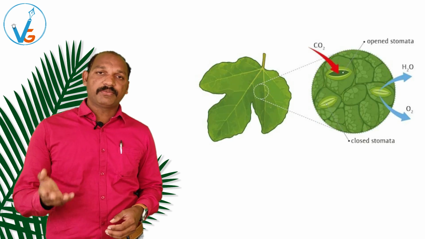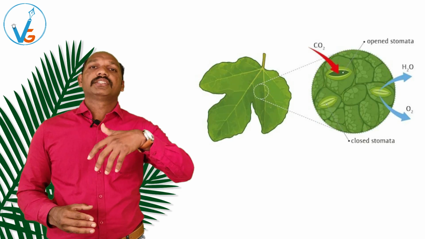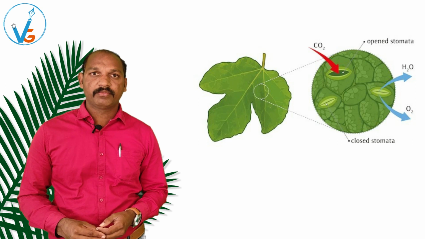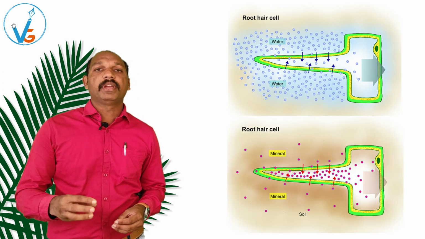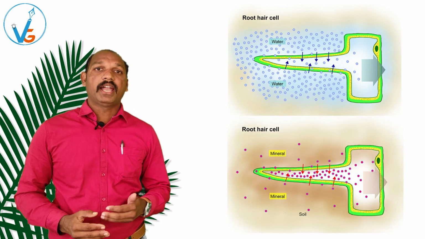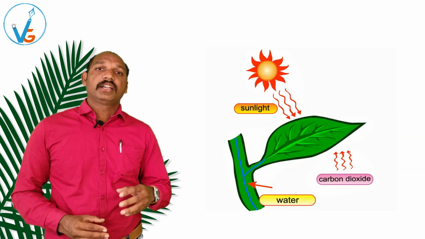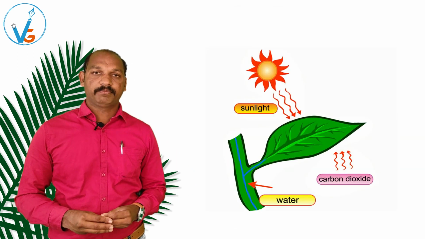The stomata are helpful in exchange of gases as well as transpiration. The root hairs in the plants are helpful in absorbing water and mineral salts. And photosynthesis is also done in the dermal layer.